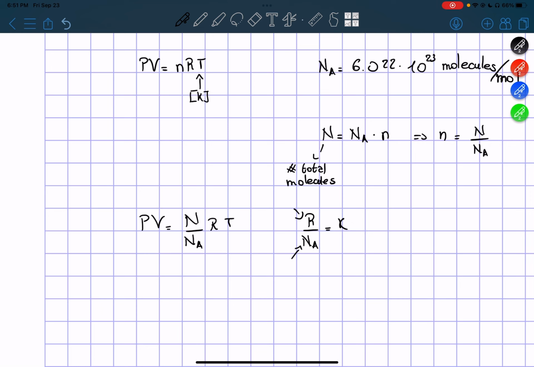So two constants divided by each other is another constant, and this value equals 1.38 times 10 to the power of negative 23 joules per Kelvin.